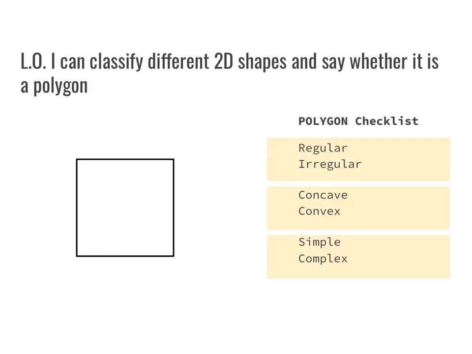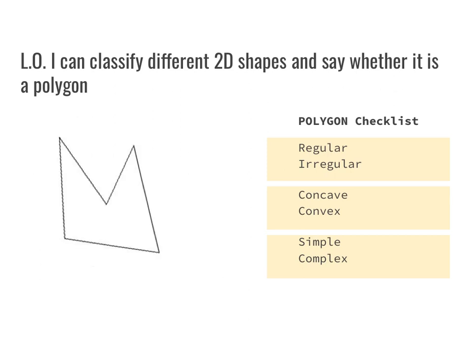Put a tick to each of the properties that this shape fulfills. Yep, it is a regular polygon because all the sides and angles are the same. And it is convex because all the angles are pointing outwards. And this is a simple shape because none of the lines cross over.